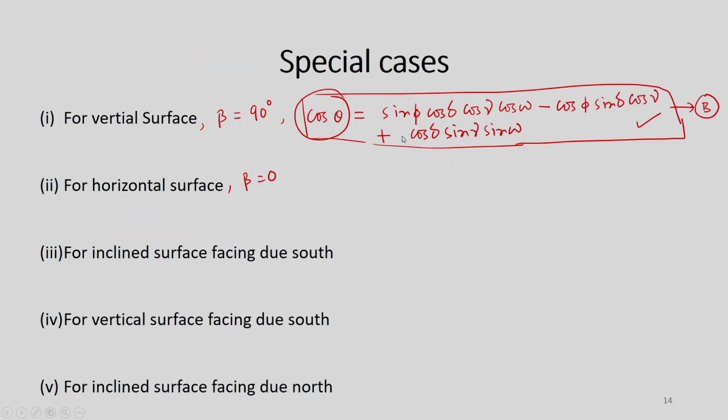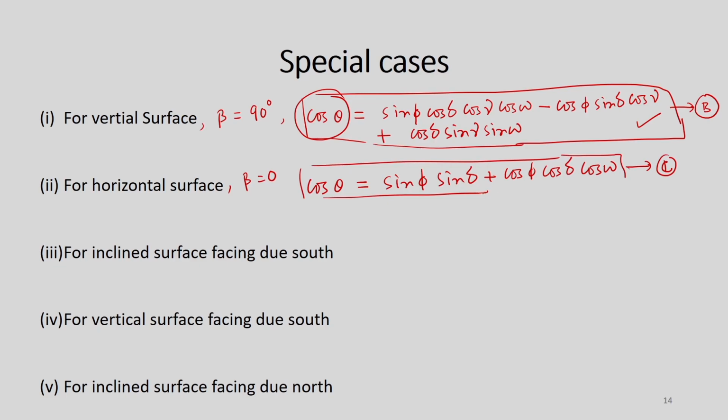We can write here cos theta will be sine of phi sine of delta plus cos of phi cos of delta, then cos of omega. So, this is equation C. Okay. If the surface is horizontal, then we can use this expression to calculate cos theta.